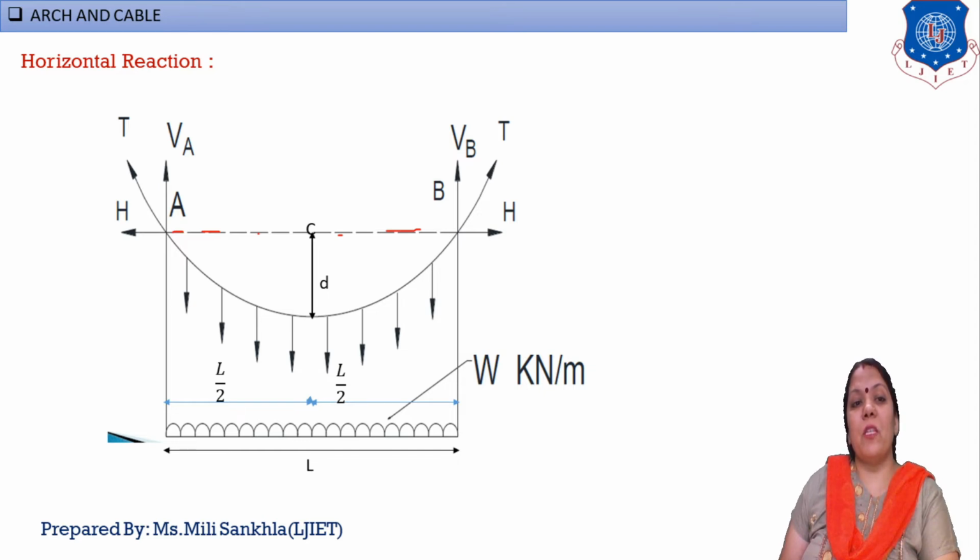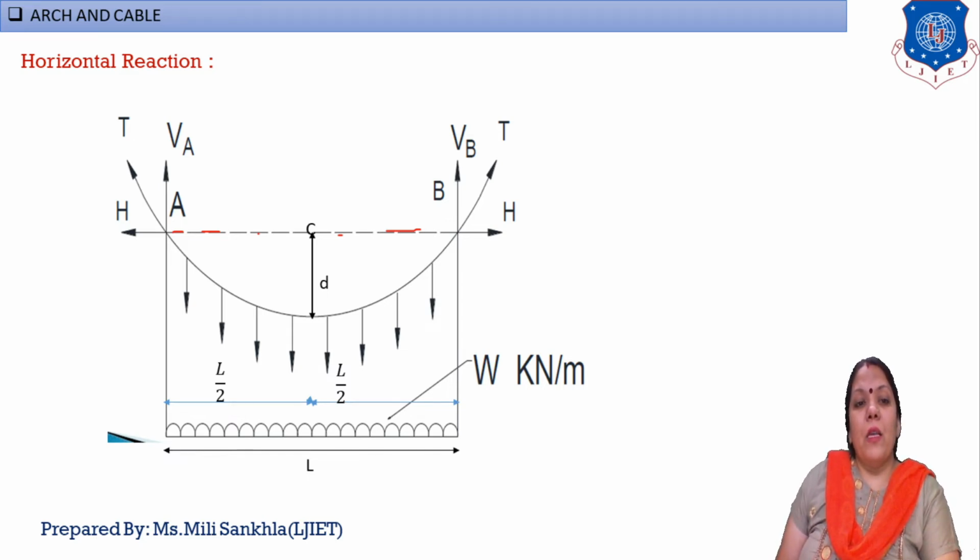At the supporting towers, A and B, reactions are induced: one horizontal and one vertical. From the baseline, this is our depth D. Now we find three values here: first the vertical reactions VA and VB, then the horizontal reaction, and the tensile force of the cable.